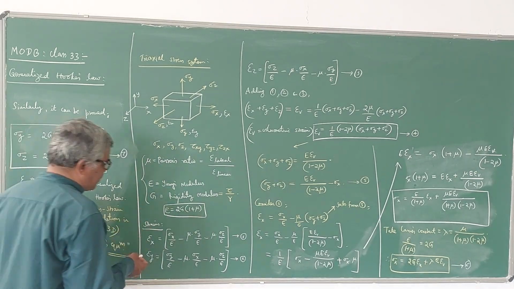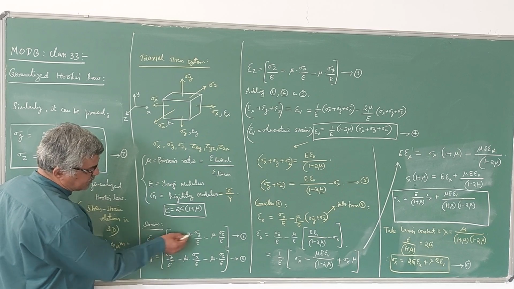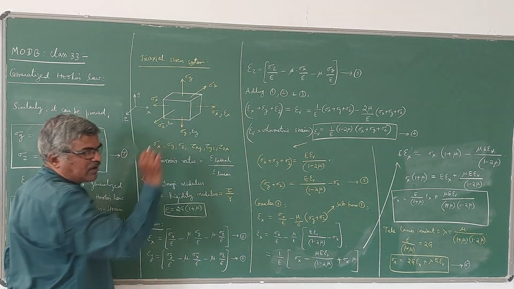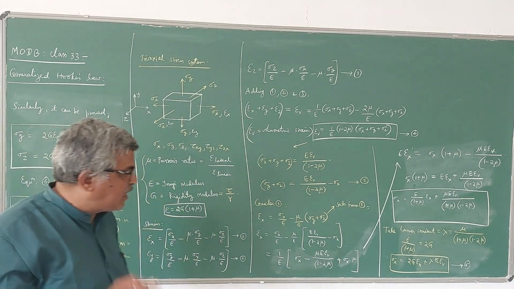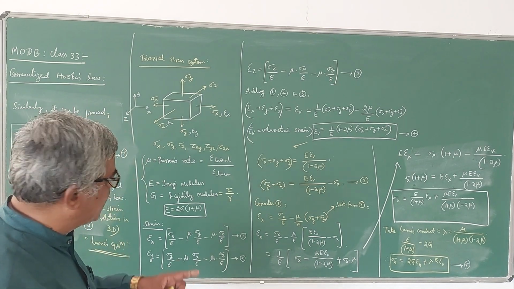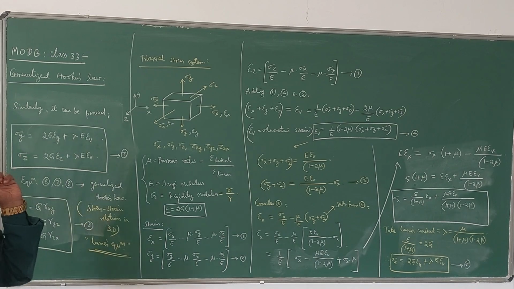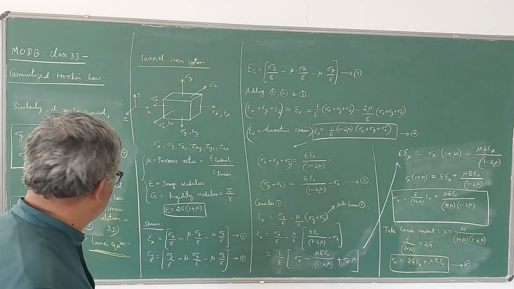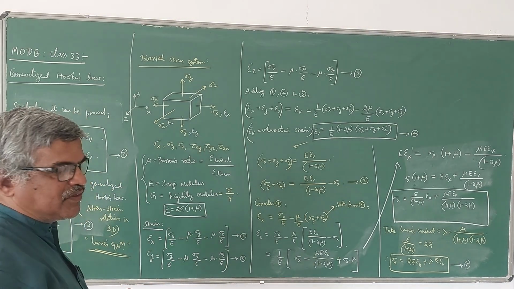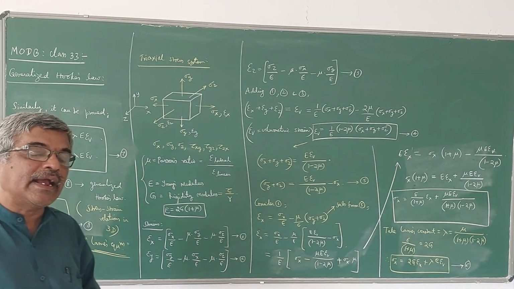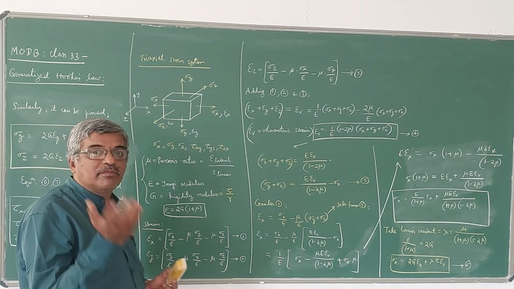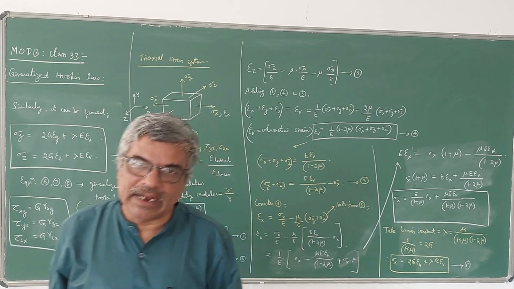If you know the stress values, you can use equations 1, 2 and 3 to find the strain values. If you know the strain values, you can use equations 6, 7 and 8 to find the stress values. So this is the relation between stress and strain in a triaxial stress system, that is, a three-dimensional stress system in elasticity.